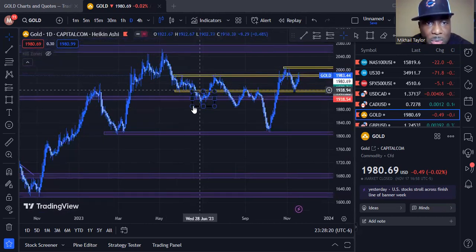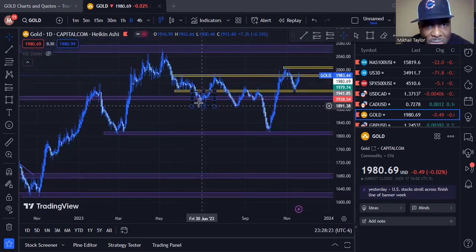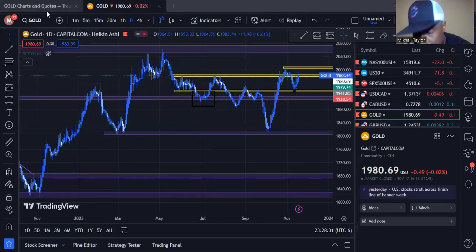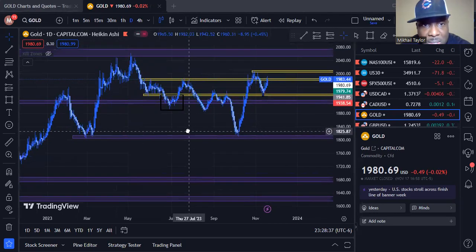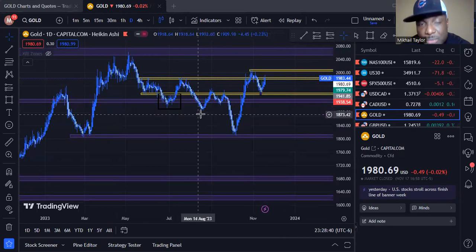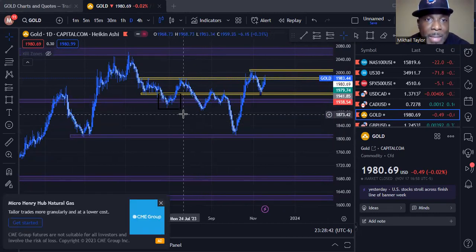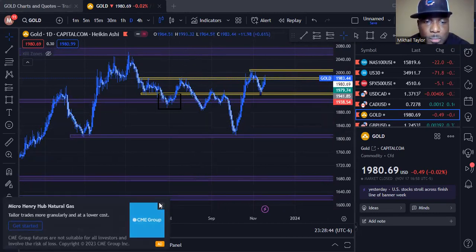And then I would have blocked out this area when price started to approach here and see what it's doing on the lower time frame, and then try to make some decisions based on that. So that's the big focus I'm going to have over the next few weeks, making sure I can do that.